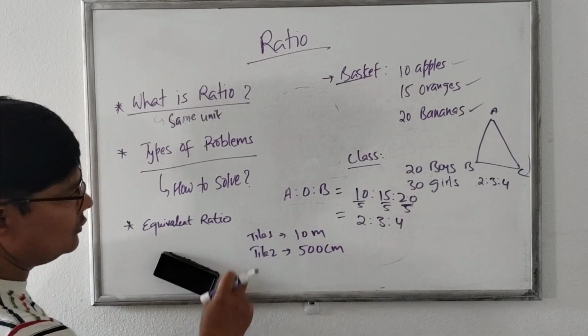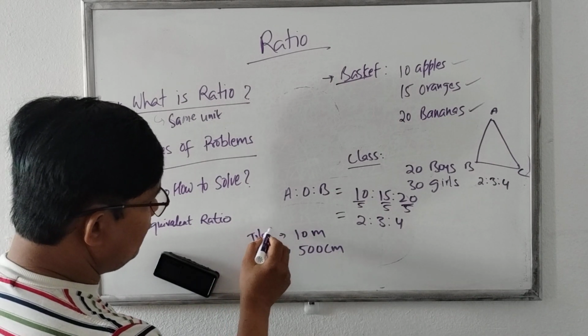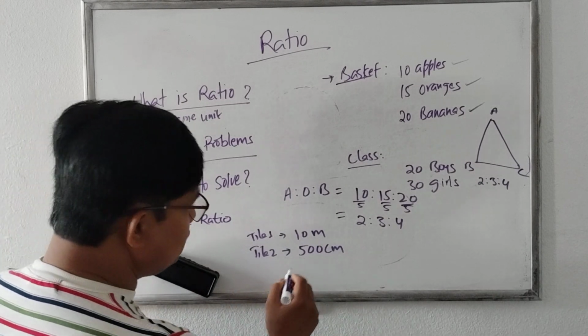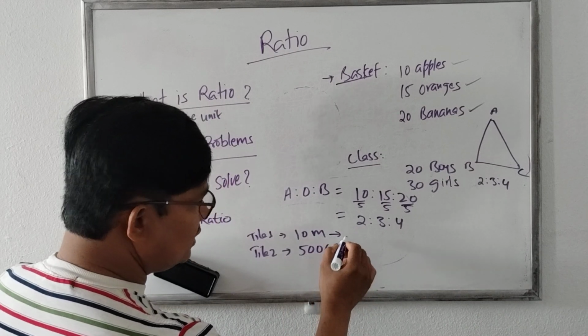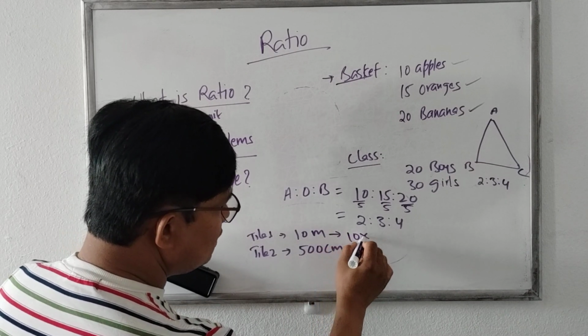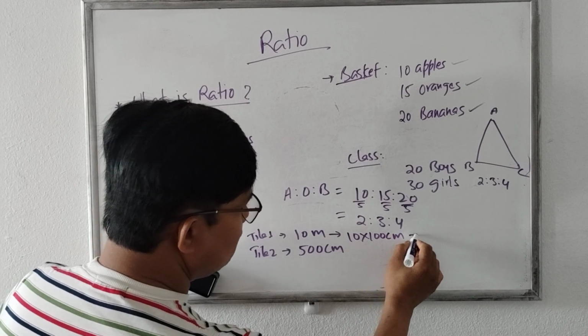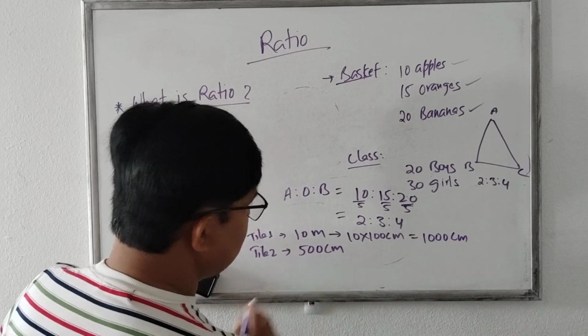Now if I ask you to find the ratio of length of tile A to length of tile B, what you have to do, you have to make sure that you are converting this meter into centimeter, which is like 10 times 100 centimeter. So that will be 1000 centimeter, and this is your 500 centimeter.